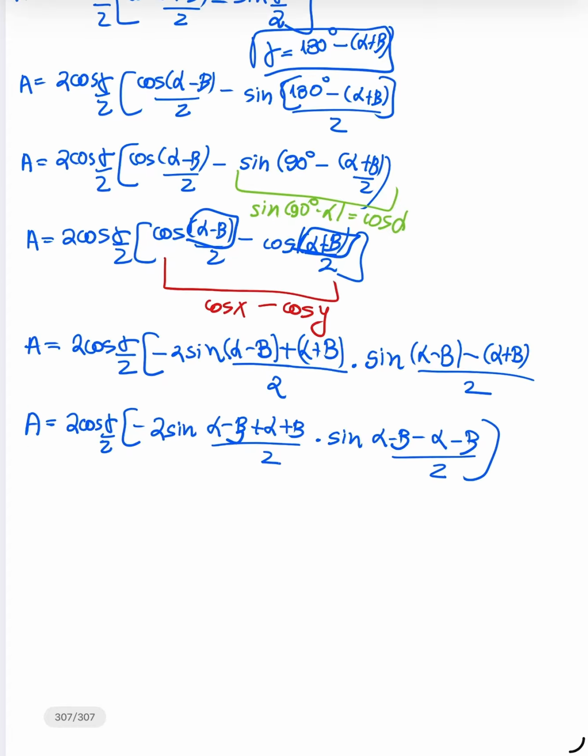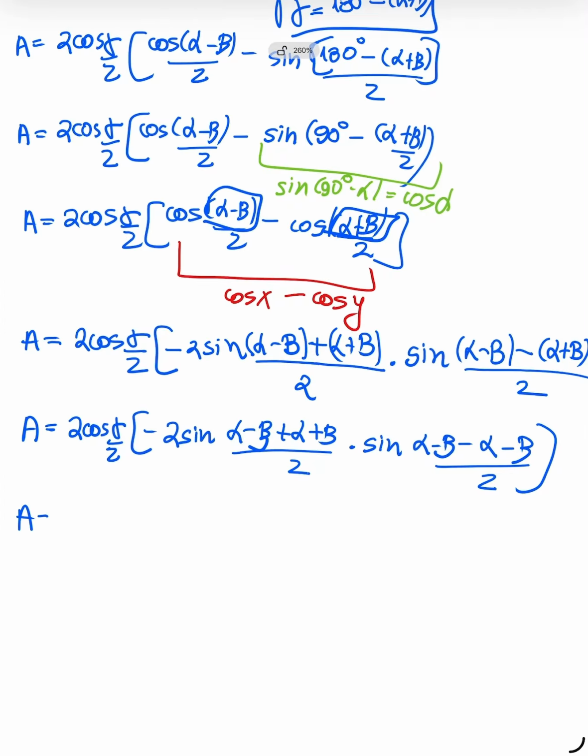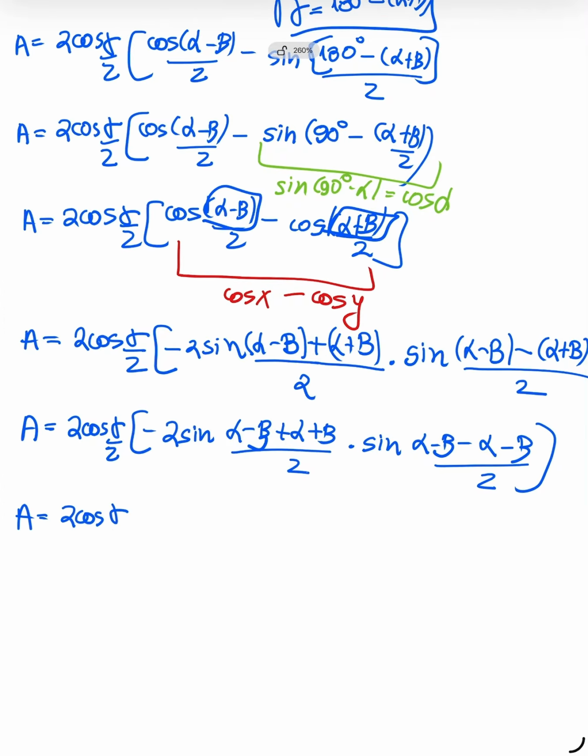Now 2 times cosine gamma divided by 2 is equal to minus 2 sine of, here those two betas cancel out, and we have 2 alpha divided by 2.